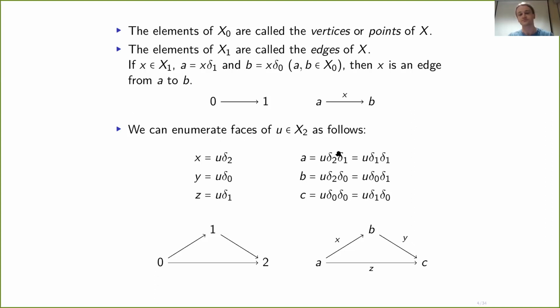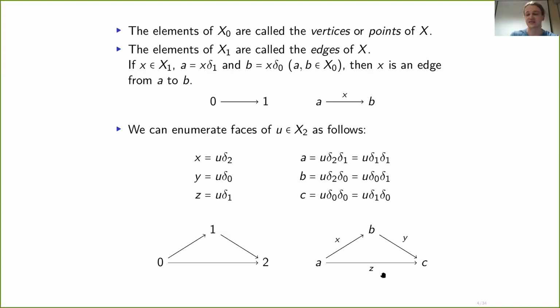If I have a 2-simplex u, then its faces are going to look as follows. There's going to be x, y, and z, one-dimensional faces. x lies opposite of the second vertex, z opposite of the first vertex, y opposite of the zeroth vertex, and those have their faces themselves, which are vertices A, B, and C, and obviously they have to agree in various ways.